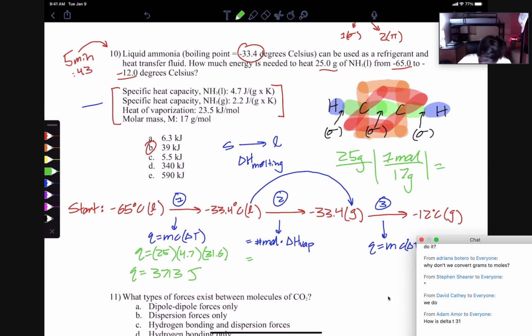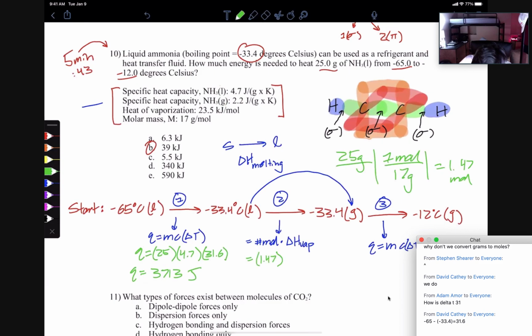And so you end up getting 1.47 moles. That goes in right here, 1.47 moles times that heat of vaporization, which is given to us right here. So that's 23.5 kilojoules per mole. And that gives us an answer of 34.54 kilojoules.